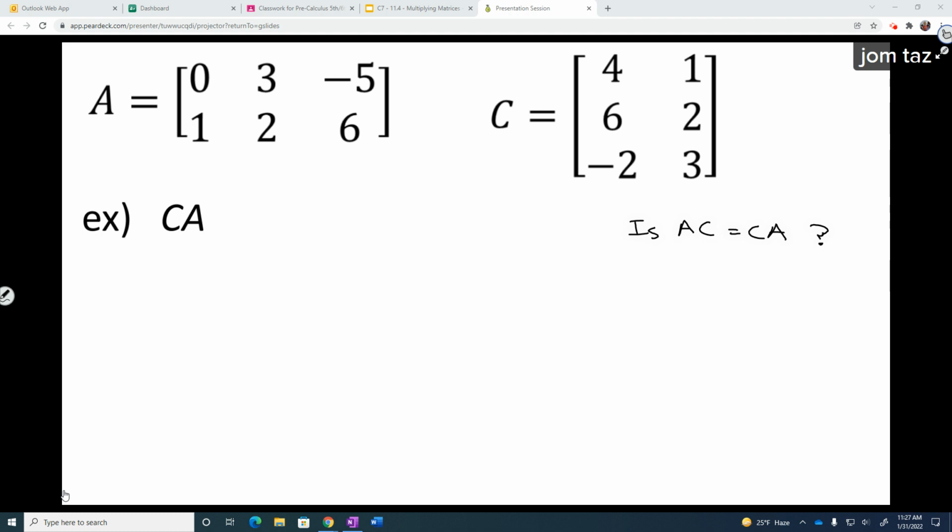So we talked about this just a little bit on Friday. We talked about how 3 plus 5 equals 5 plus 3, right? And also 3 times 5 equals 5 times 3. It's called the commutative property.